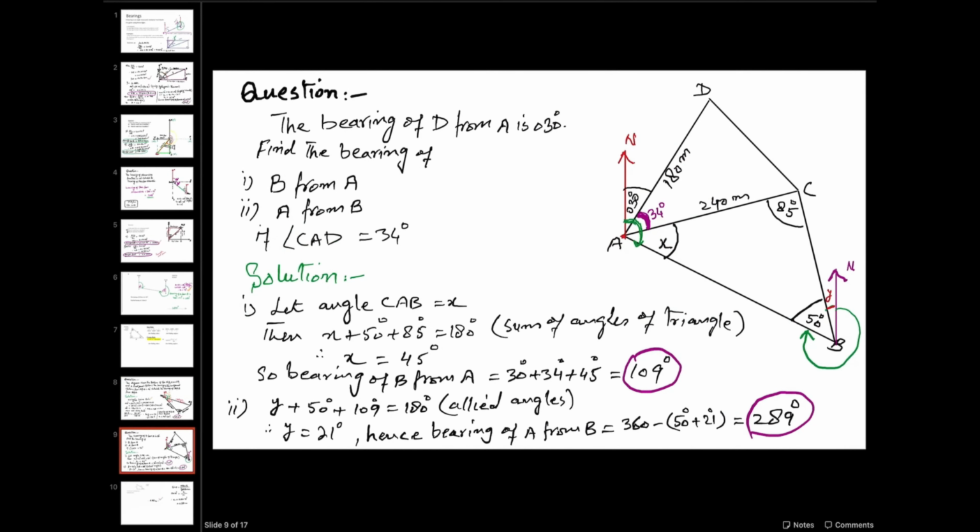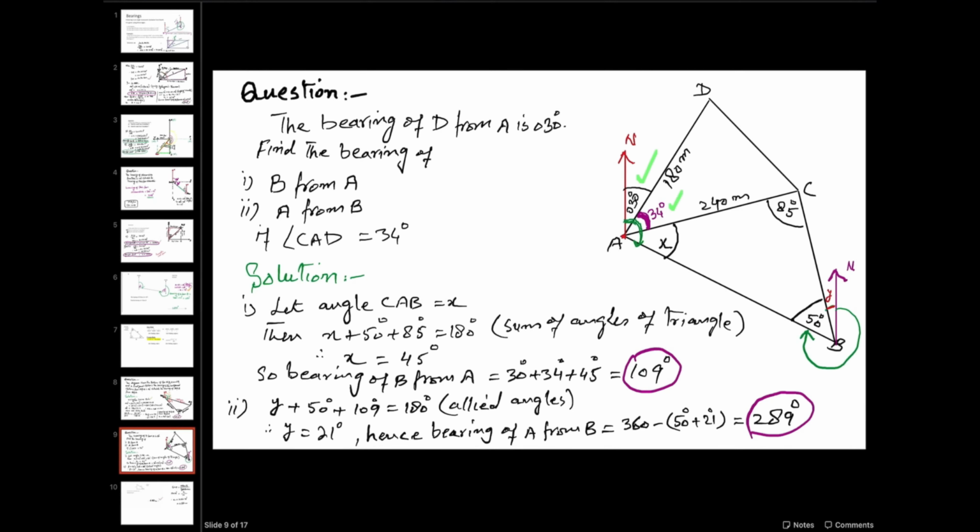Now the next question is, the bearing of D from A is 30 degree and the angle CAD is 34 degree.